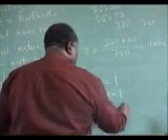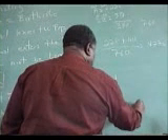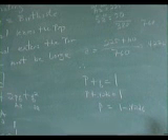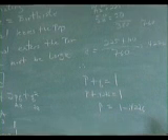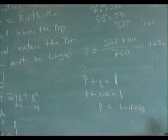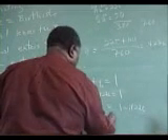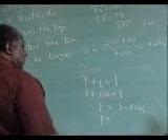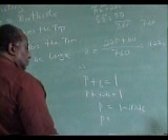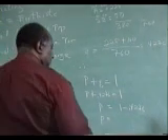P equals 1 minus 0.4276. Because you're subtracting everything. Everything's got to equal 1, so you subtract the other. So what is that? P equals 1 minus 0.4276, which is 0.5724.